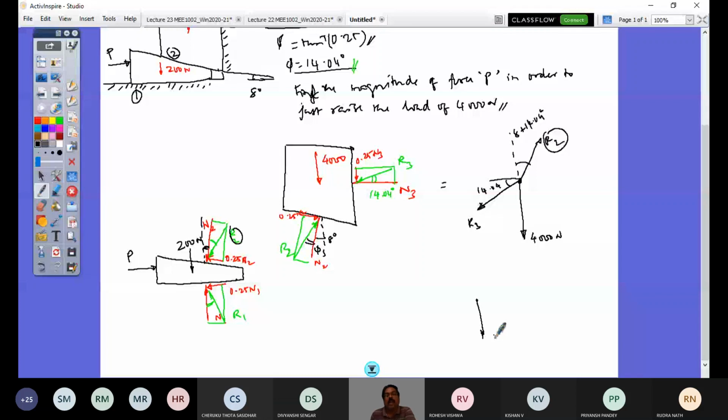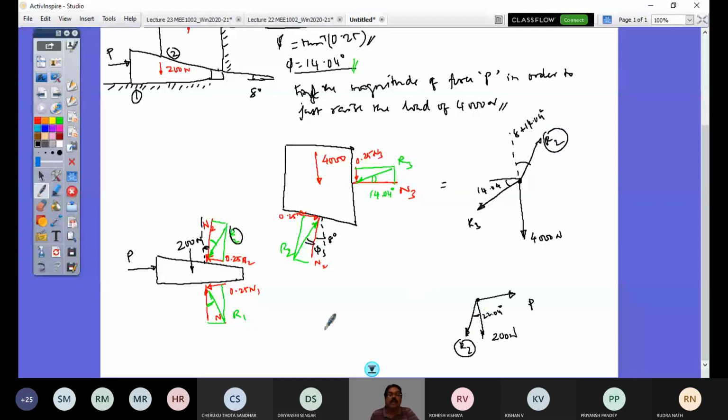R2 direction to the vertical here is 22.04. Here it's up, so it will be down here. So that is R2, and that is to the vertical. So this angle is now 22.04 degrees. That's R2, and I know this value from this, right?